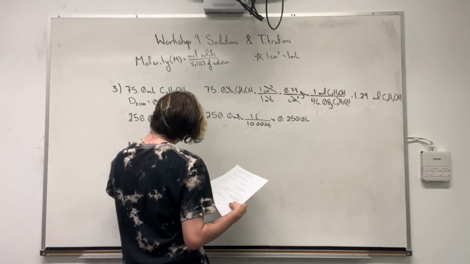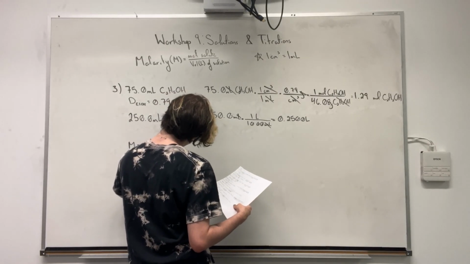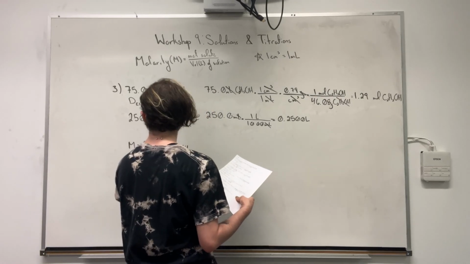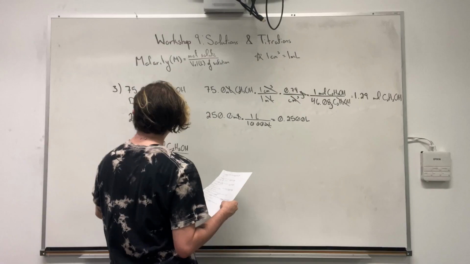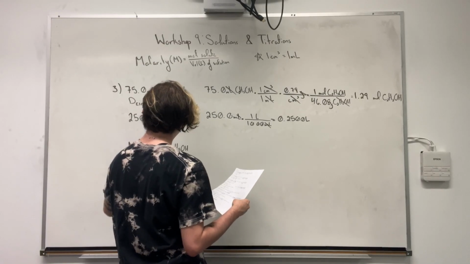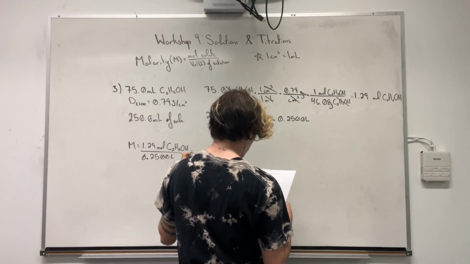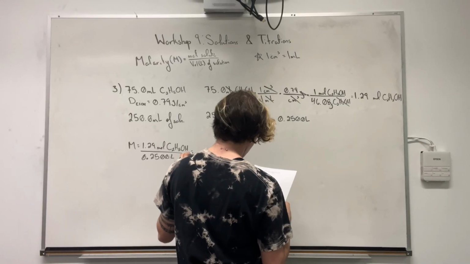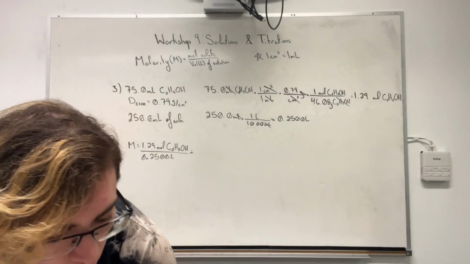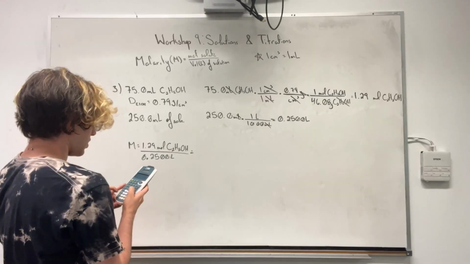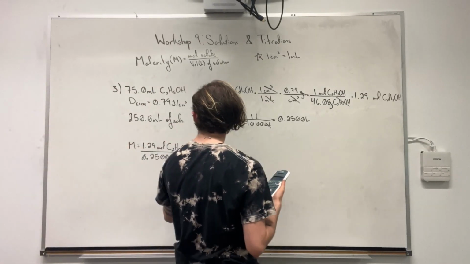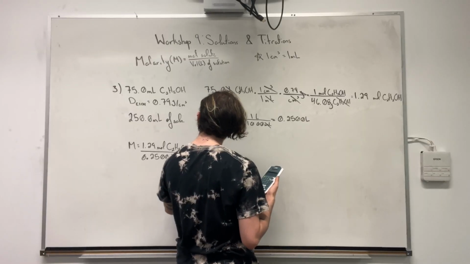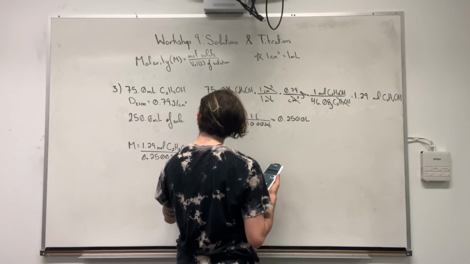1.29 moles of ethanol divided by our 0.250 liters. And so our molarity, let me just check that real quick. 1.29 divided by 0.2500 is 5.16 molarity.